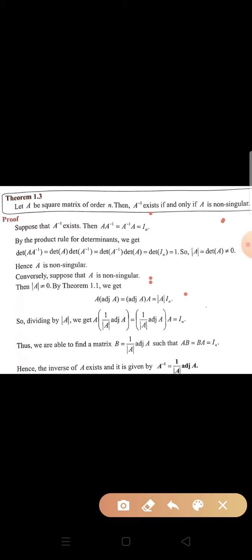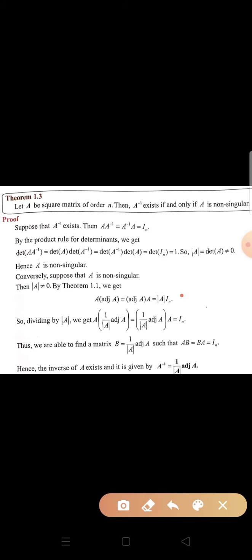Now dividing on both sides by determinant A. A into adjoint A by determinant A, that is 1 by determinant A into adjoint A, is equal to In, since determinant A by determinant A is cancelled.